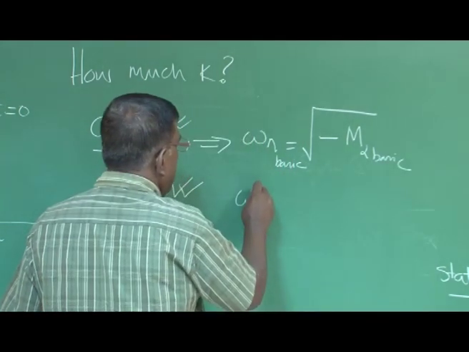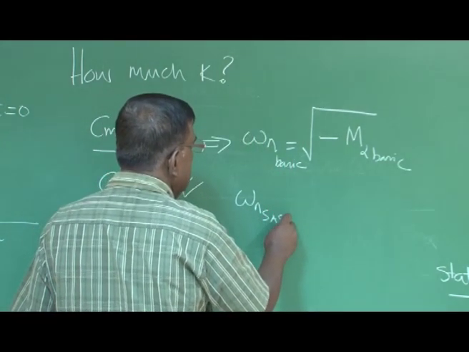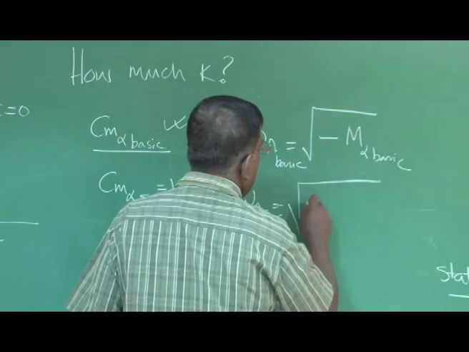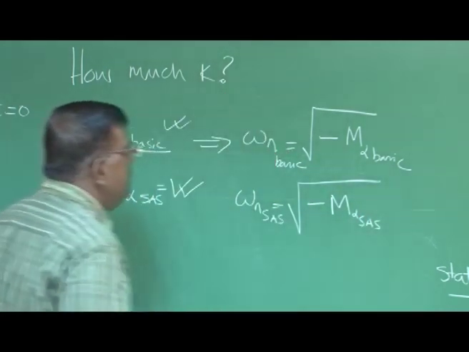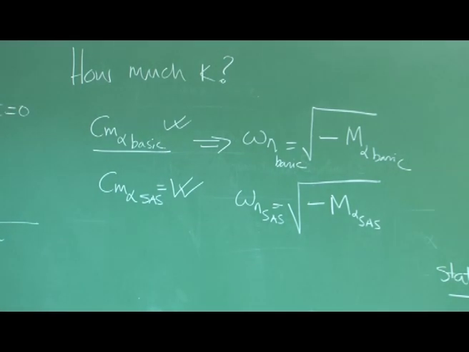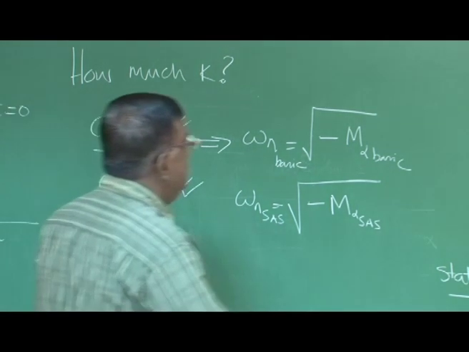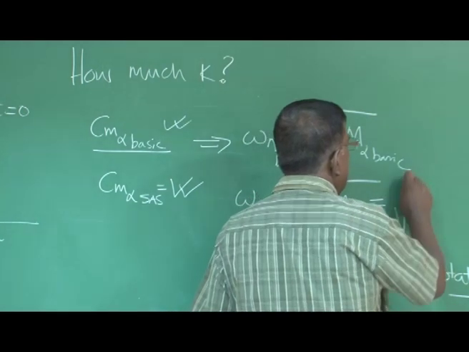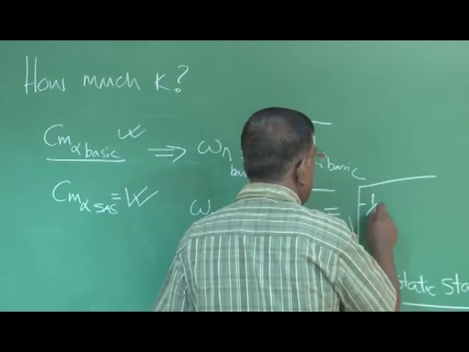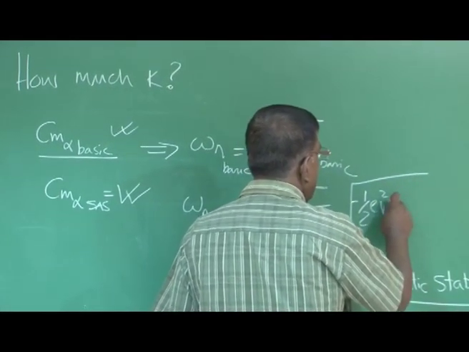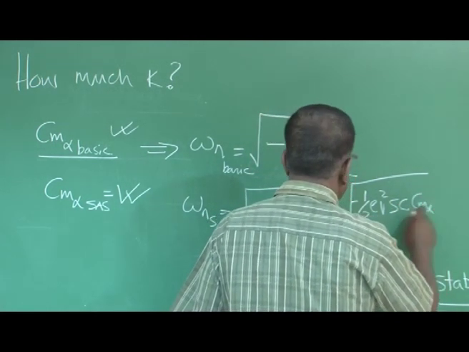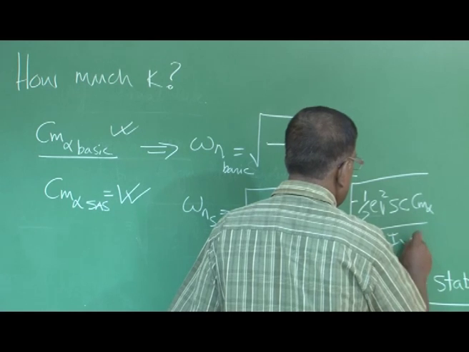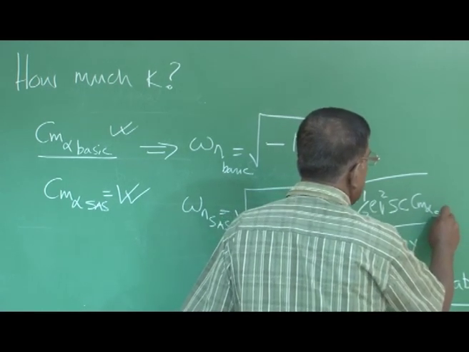Now, I want omega n SAS, that will be square root of minus m alpha SAS, right? And this I know is equal to square root of minus half rho v square S c Cm alpha by Iyy, and this is Cm alpha SAS.